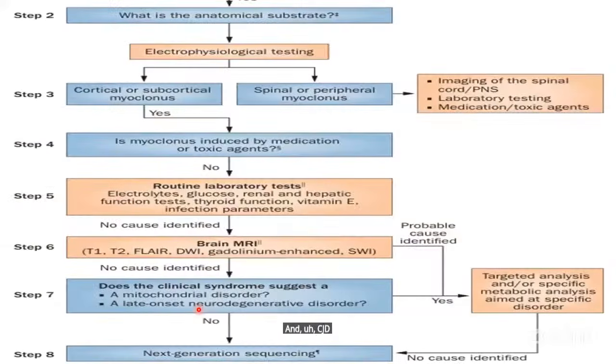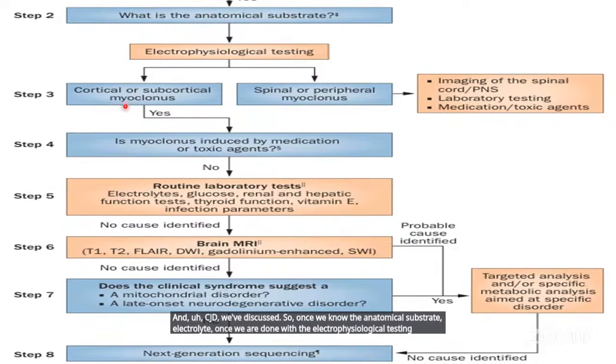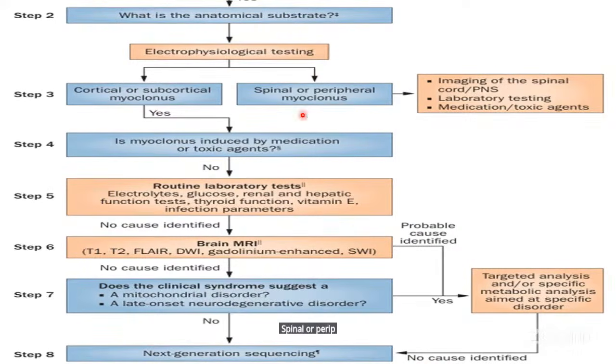Once we know the anatomical substrate, once we have done the electrophysiological testing, we'll know whether it's cortical, subcortical, spinal or peripheral. And for spinal or peripheral, we'll be doing spinal cord imaging.